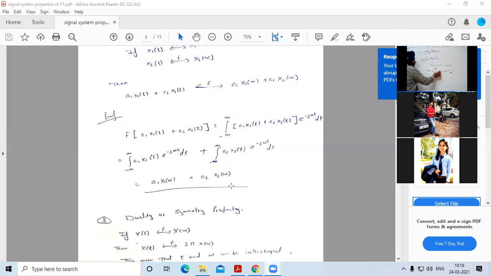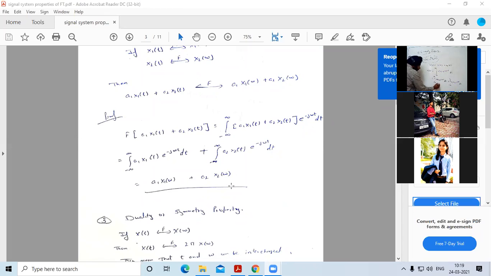Instead of x(t), we will write down x1(t), x2(t). So this is the integral from minus infinity to infinity of x1(t) e raised to minus j omega t dt plus the integral from minus infinity to infinity of x2(t) e raised to minus j omega t dt.